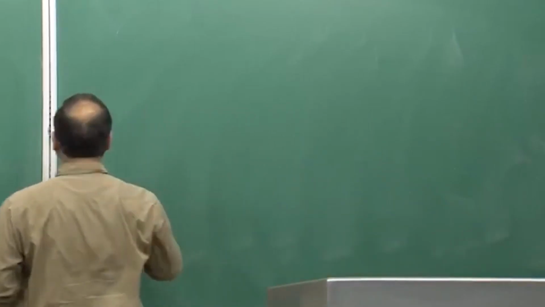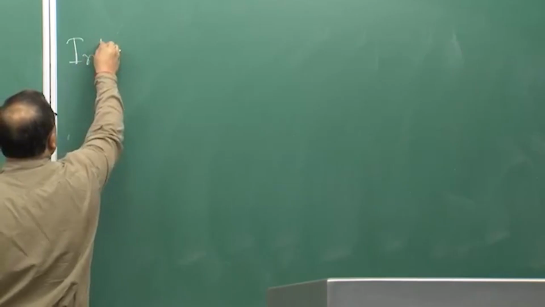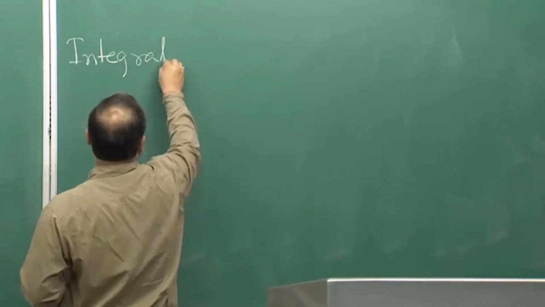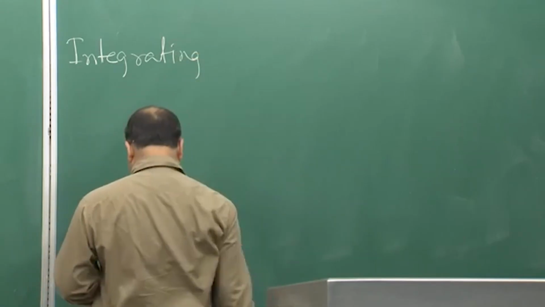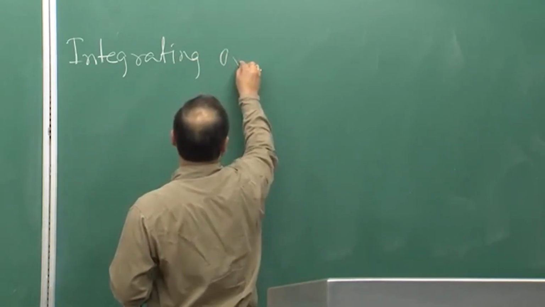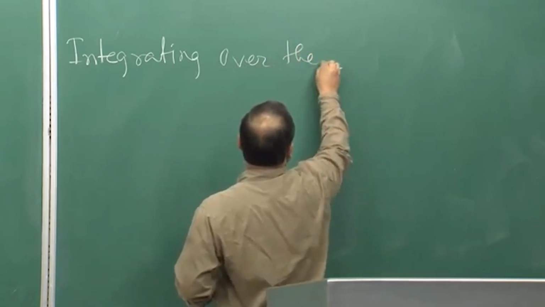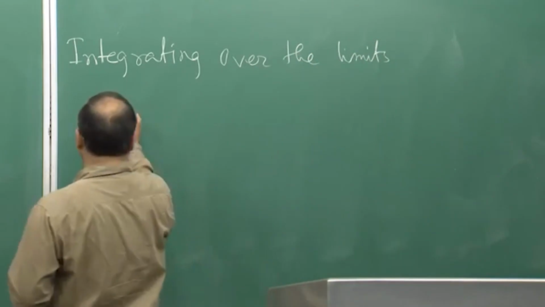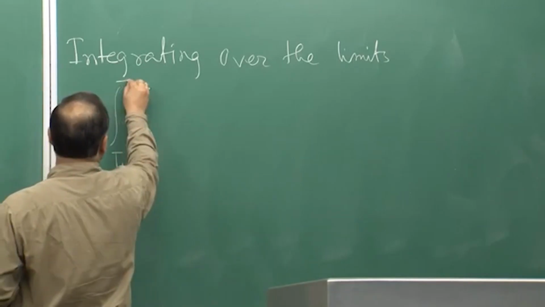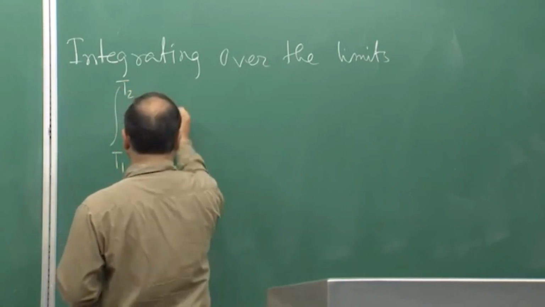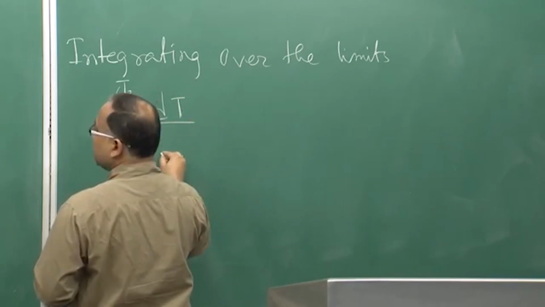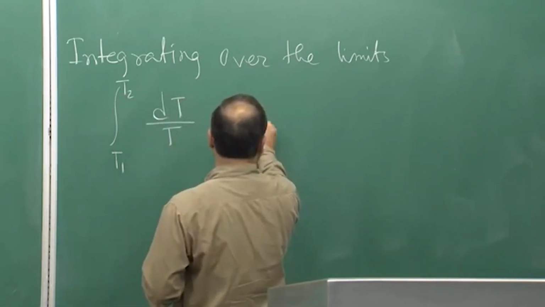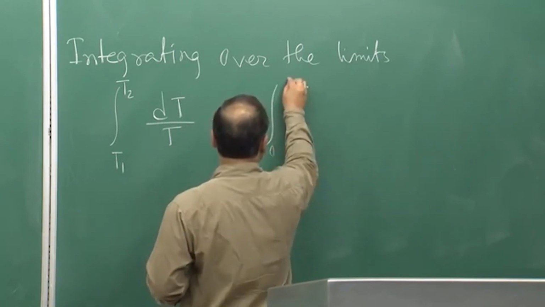Now if we integrate over the limits, say t1 to t2, dt by t is equal to f into integral of d theta from 0 to alpha.